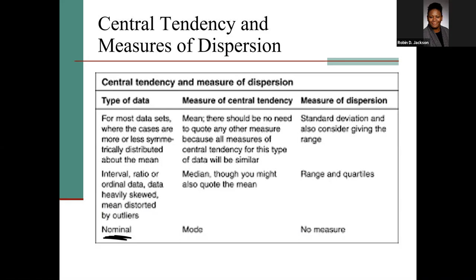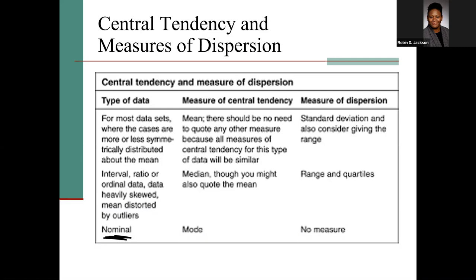But nominal, that's the one where you don't really have any numerical value to the item, so things like gender, race, stuff like that. What this little chart is giving you is an idea of the measure of central tendency.